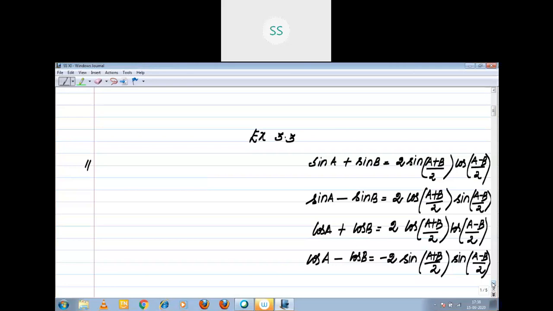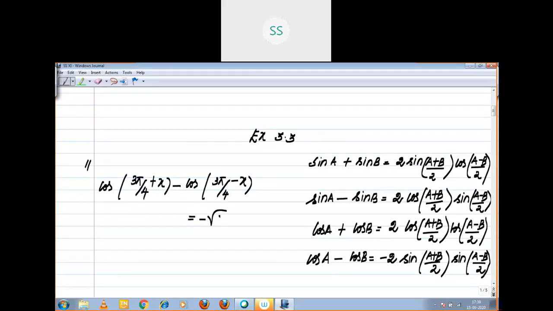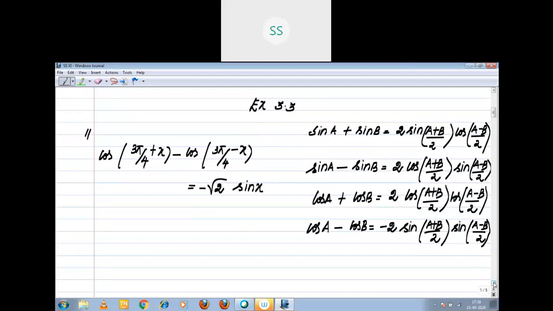Now what is given in question number 11? cos of (3 pi by 4 plus x) minus cos of (3 pi by 4 minus x) equals minus root 2 into sin x. Which identity suits? You have to see. Once you are thorough in the identity, then you can match.